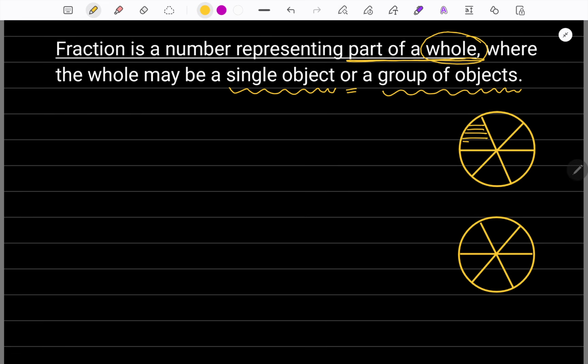Now each part can be represented in the form of 1 by 6 and it will be read as 1 part out of 6 equal parts. This is the standard way of reading a fraction. So 1 by 6 is 1 part out of 6 equal parts.